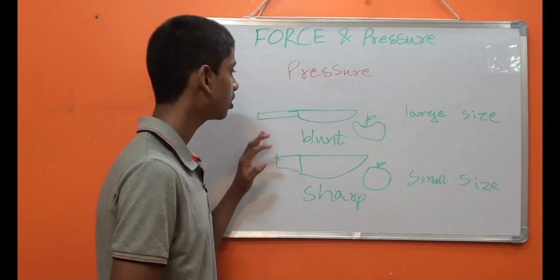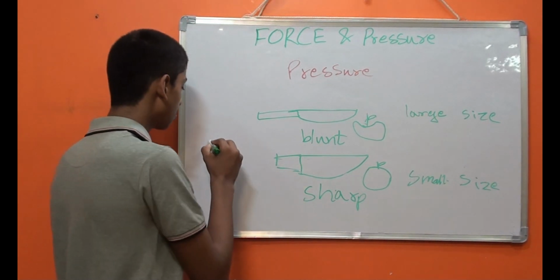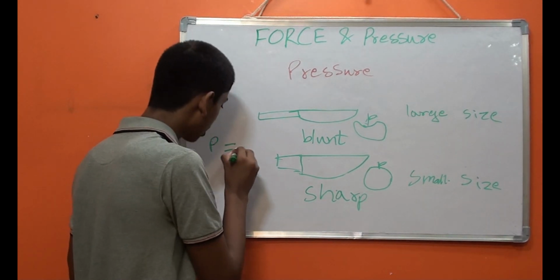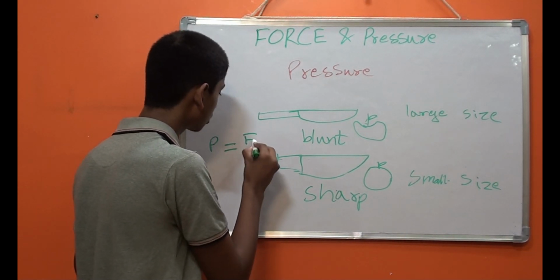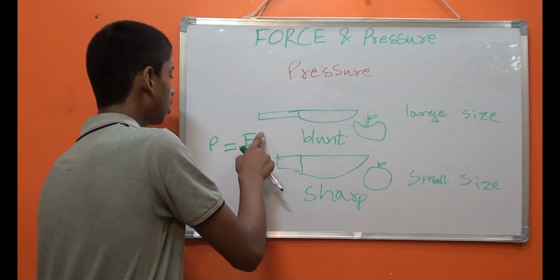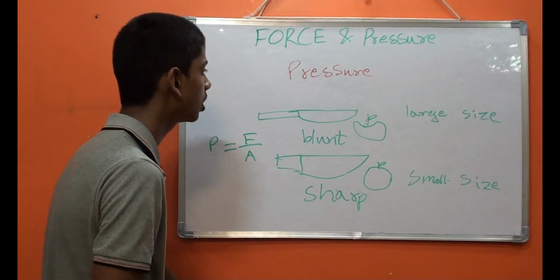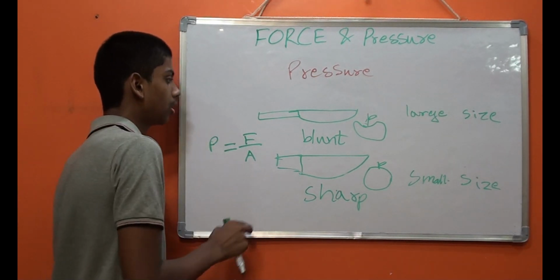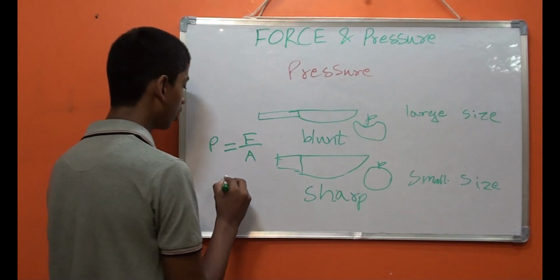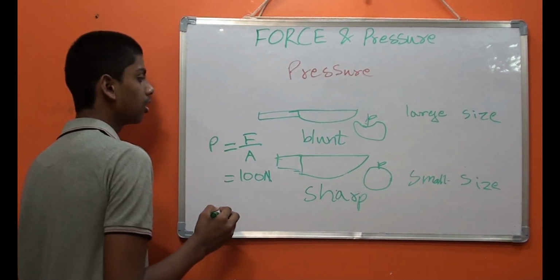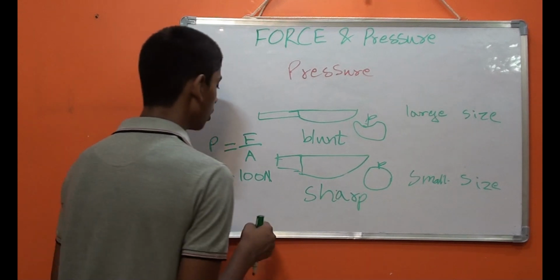Now let's see the formula for pressure. Pressure is denoted by the letter P. Pressure equals force by area. Here force is denoted with the letter F and area is denoted with the letter A. Now here let's take 100 Newton. You are applying force here.